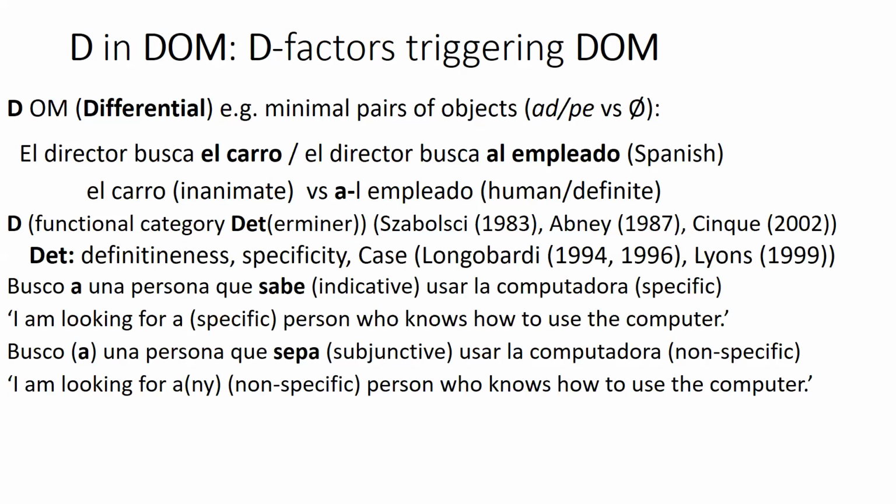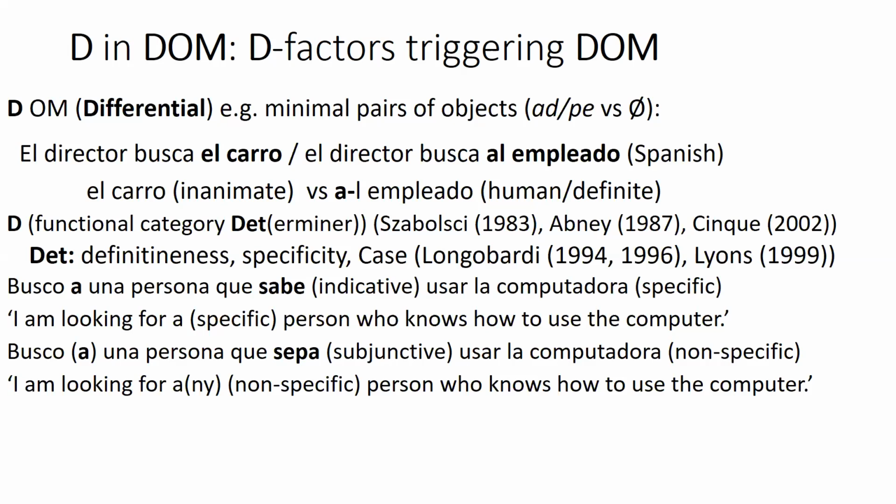Right, because in the first one, where a is obligatory, and also the verb in the relative clause has the indicative mood, a una persona que sabe, this is referring to a specific person, whereas in the second one, where a is optional and the verb in the relative clause is irrealis subjunctive, busco una persona que sepa usar la computadora, it's any.